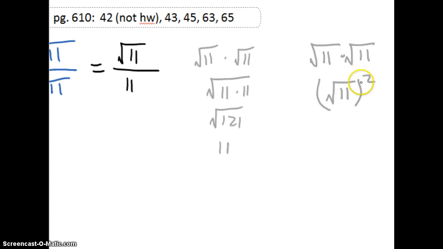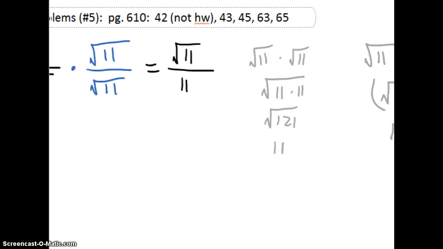So squaring kind of undoes this square root right here, and I'm left with whatever is on the inside. So if the square and the square root go away, I'm just left with 11. And that's going to be true any time I ever square a square root. Whatever's on the inside of the square root originally is going to be what ends up as the simplified expression.